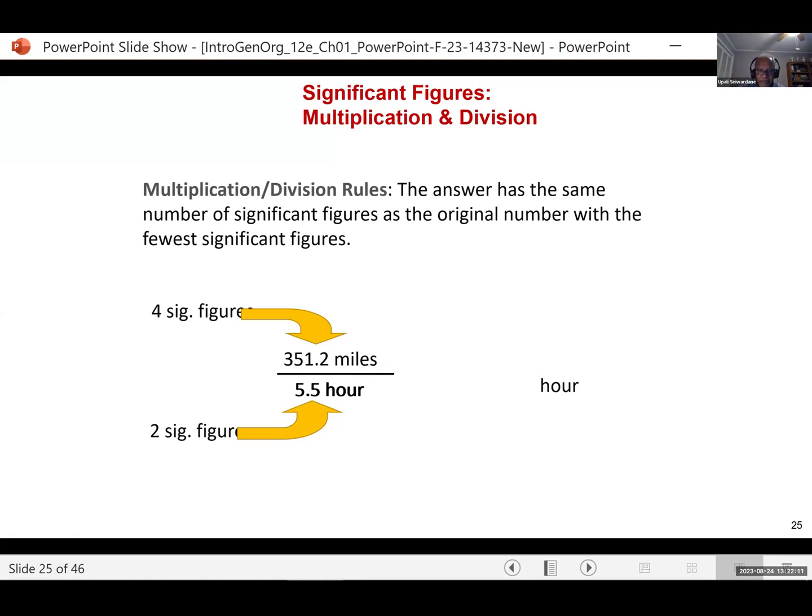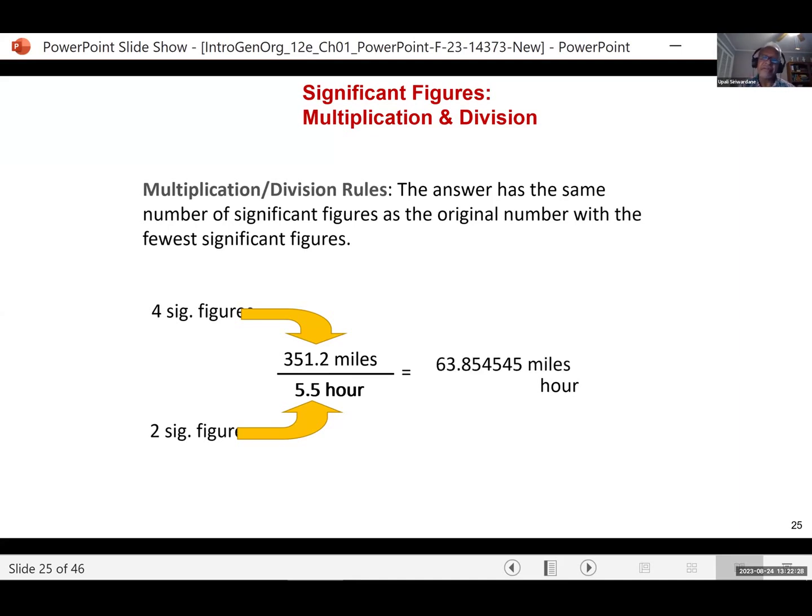So the answer should have 2 significant digits. Now we are looking at the lowest number of significant digits, not the lowest decimal place as in addition and subtraction.